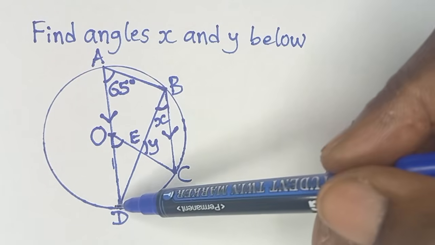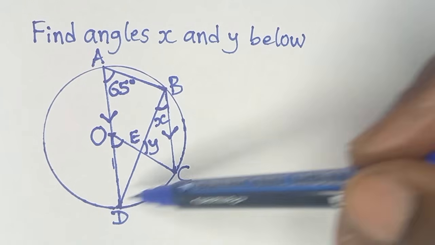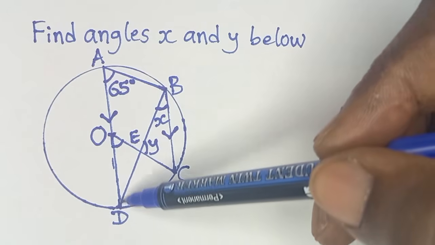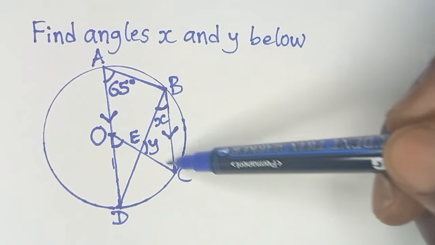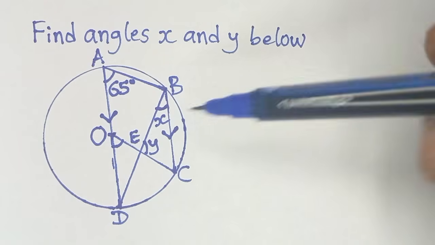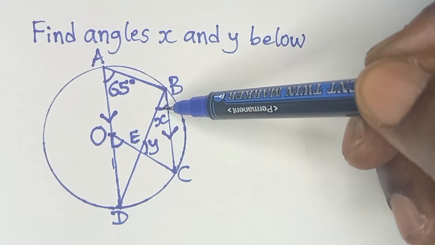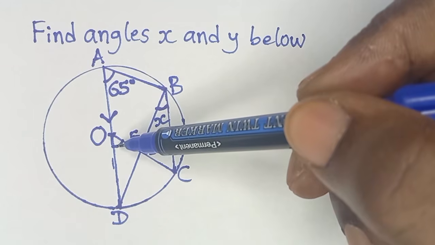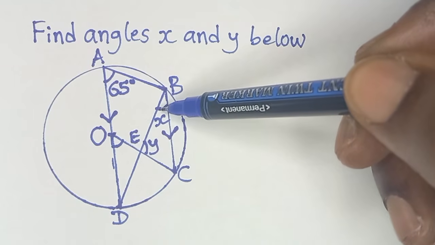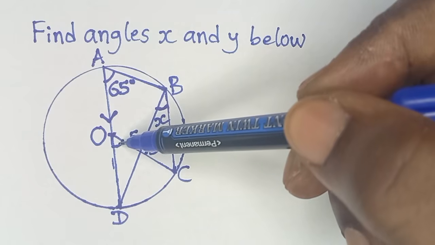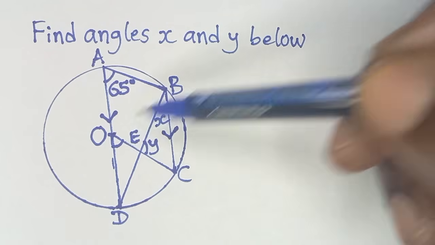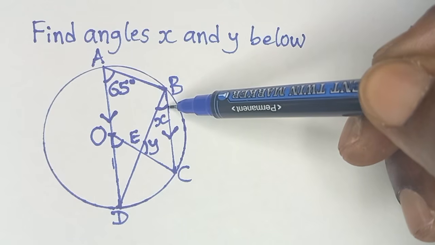So when you have pairs of lines coming from the same points, with a pair going to the circumference to form an angle, and another pair going to the center to form an angle, then you should know that the angle at the center is twice that at the circumference. So this is the angle at the circumference and this is the angle at the center. So angle at the center is twice the angle at the circumference.